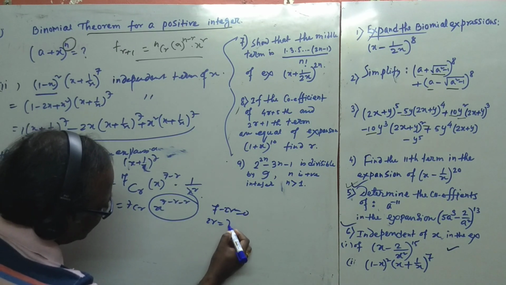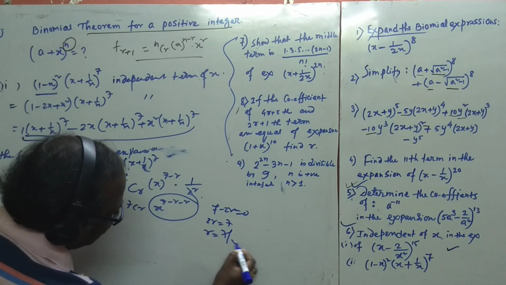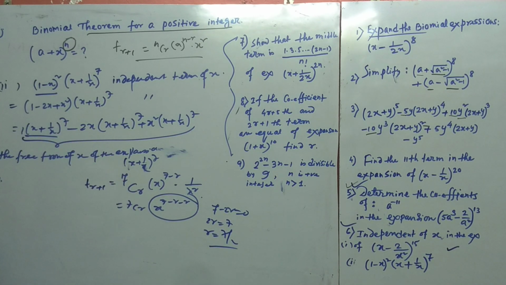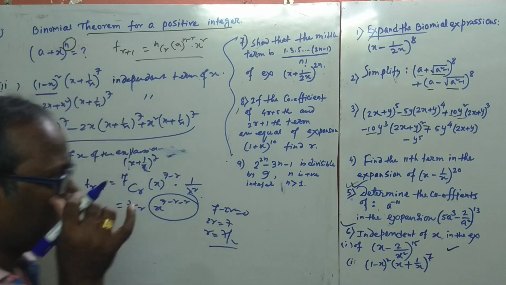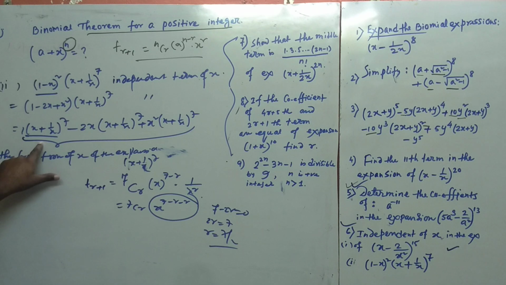So 2r is equal to 7. So r is 7 by 2. See, this is a fraction, that is 7 by 2. This is a fraction number. So within the bracket, there does not exist a free from x term. Okay, therefore we can assume here it is 0.